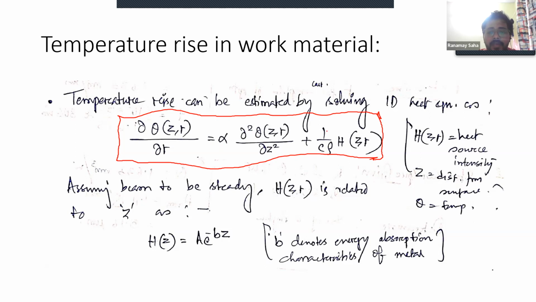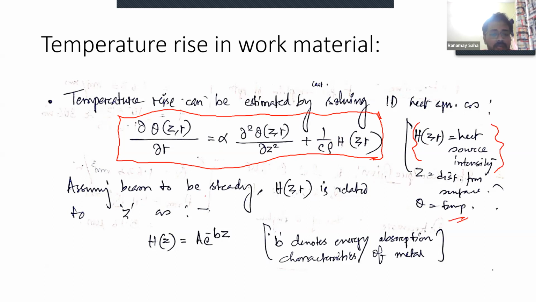Then you have 1 by heat capacity C into density rho, and in the numerator H as a function of z and t, where H is the heat source intensity.